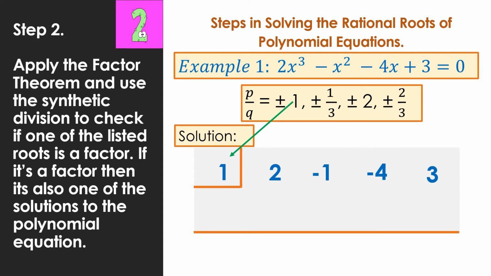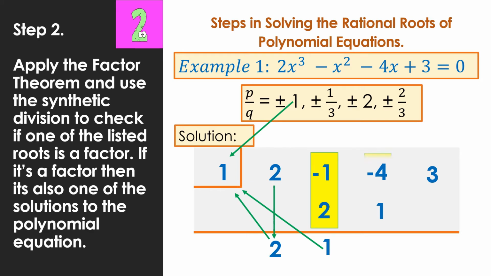And then, we will follow the steps in solving polynomial equations using synthetic division. Carry down the first number in the row, that is 2. And then, multiply it to the root. So, 2 times 1 is 2. Write it on the second column. And then, add down the second column. Negative 1 plus 2 is equal to positive 1. And then, 1 multiplied to the given root, which is 1. So 1 times 1 is 1.